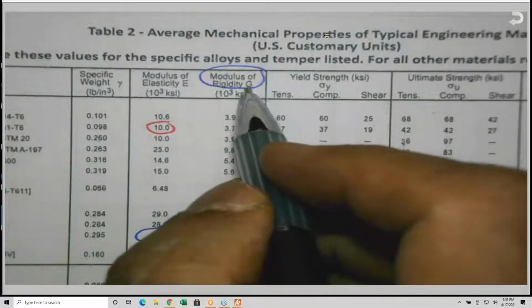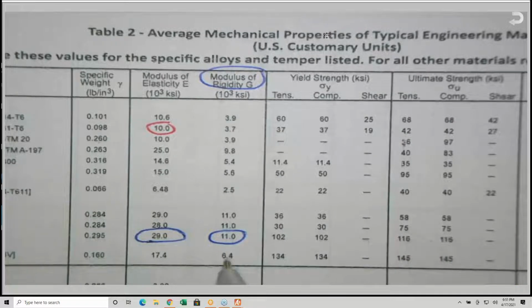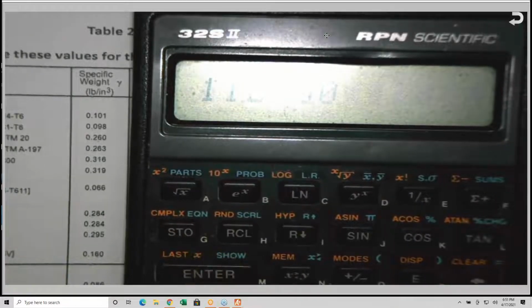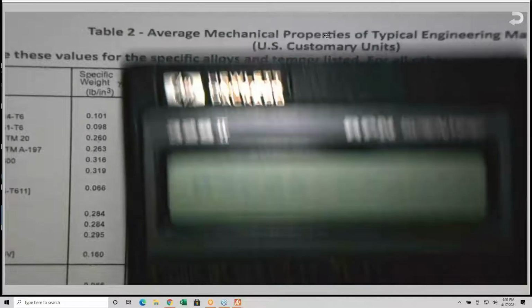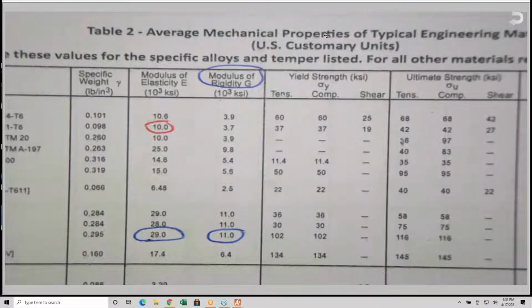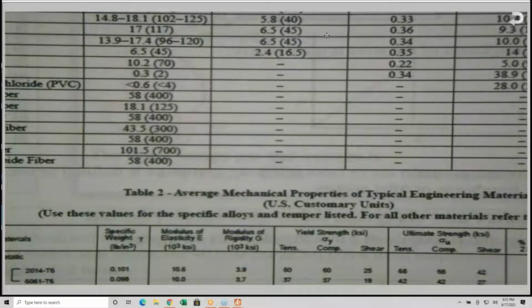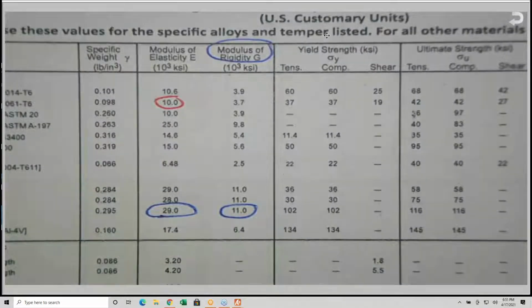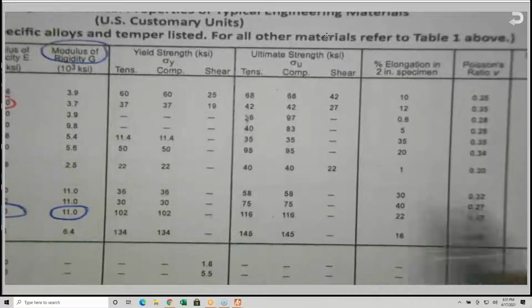If you take 11 and 29, this gives you about 40%. 11 divided by 29 is 38%, or 0.379. So it is about 40%, because the modulus of elasticity is much higher. For Poisson's ratio for steel, we are using 0.3. Here it is, 0.32.